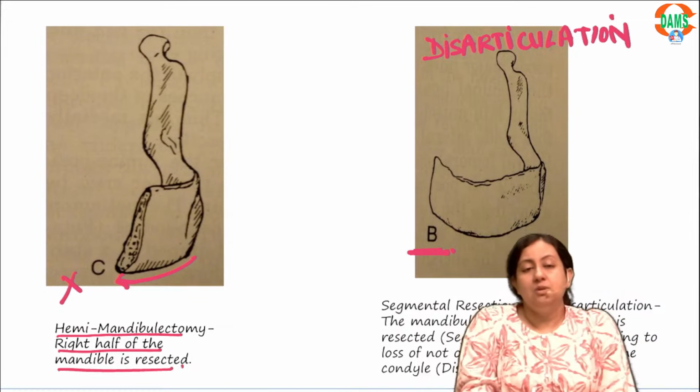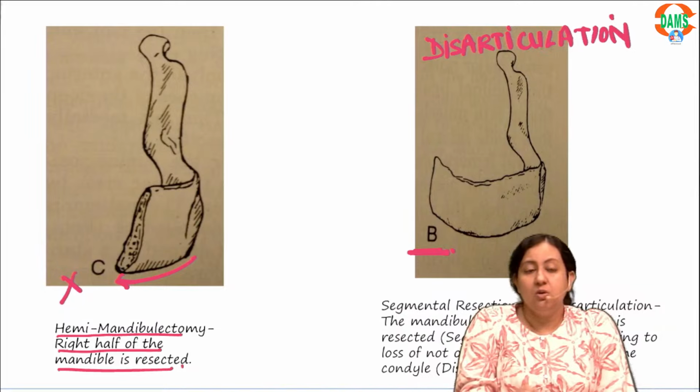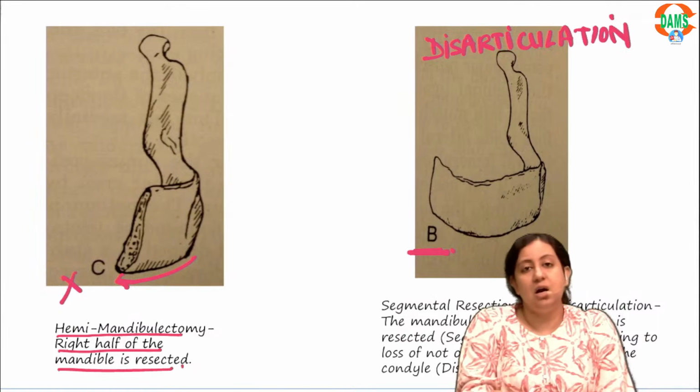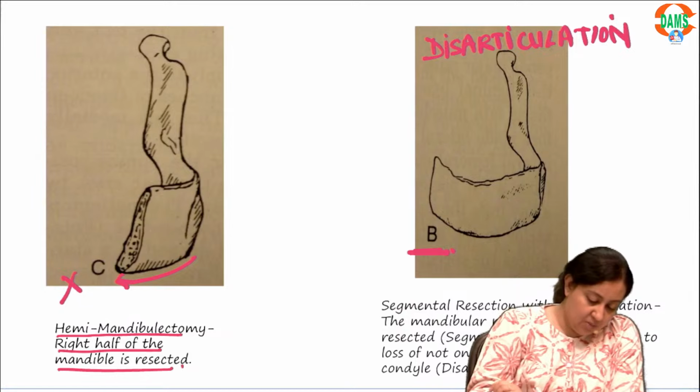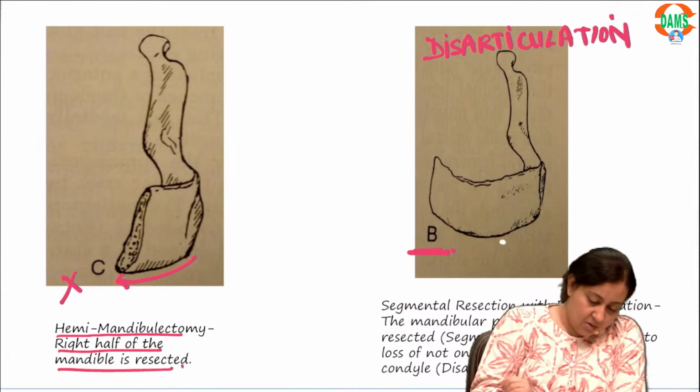So this becomes your disarticulation, but this also becomes segmental resection with disarticulation, because again the continuity of the lower border has been lost.